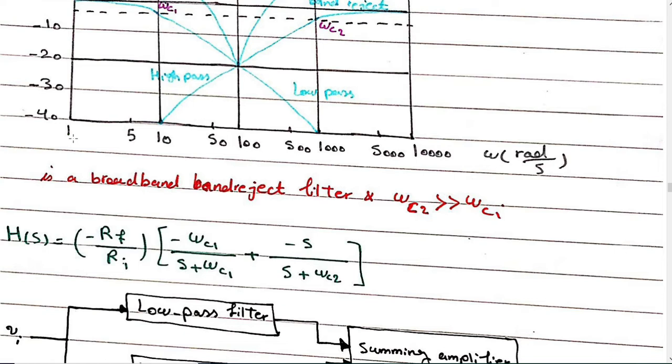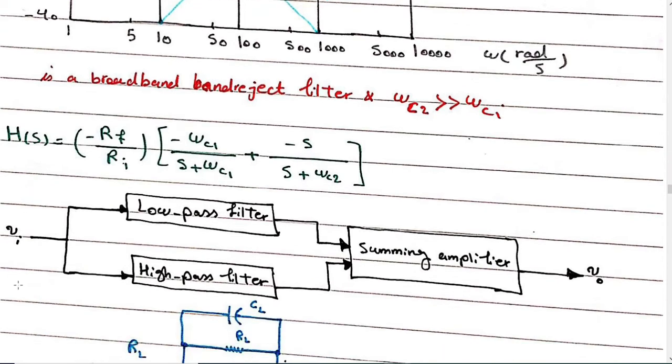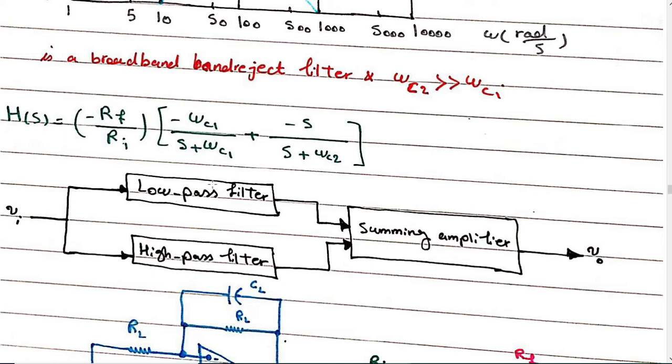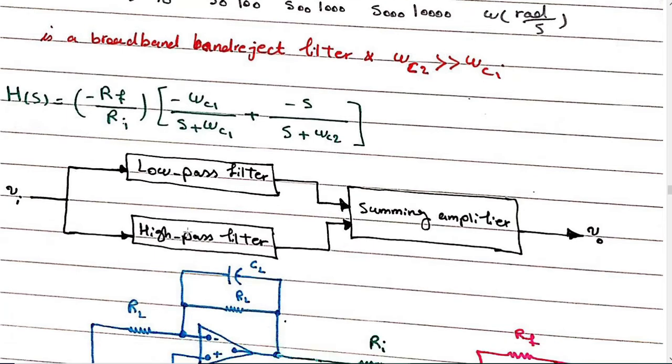But in the band reject filter, omega C1 is produced by the low pass filter and omega C2 by the high pass filter. So this is one kind of band reject filter. We have a low pass filter in parallel with a high pass filter, and after that we have a summing amplifier.